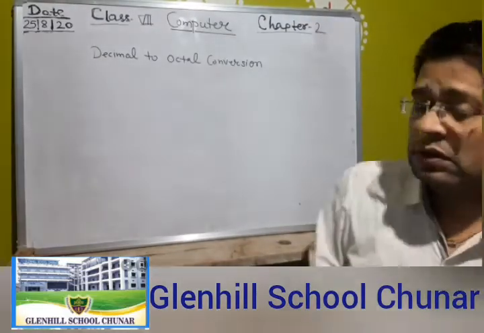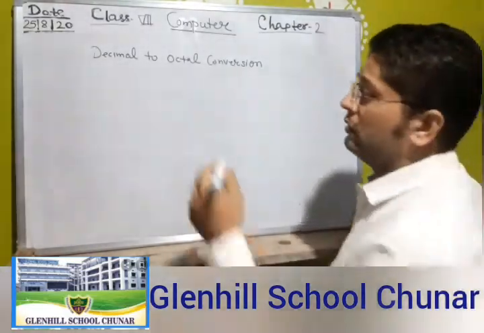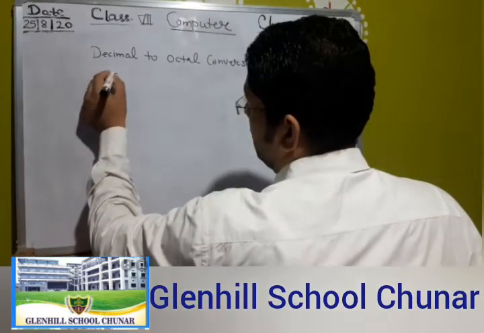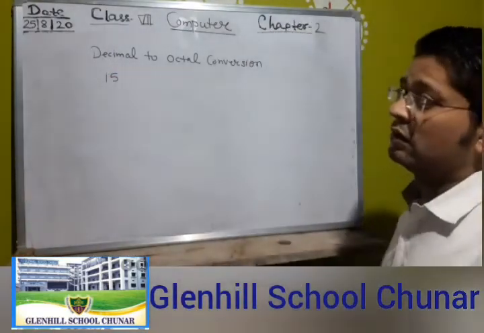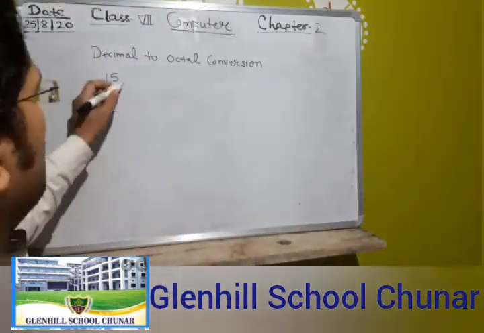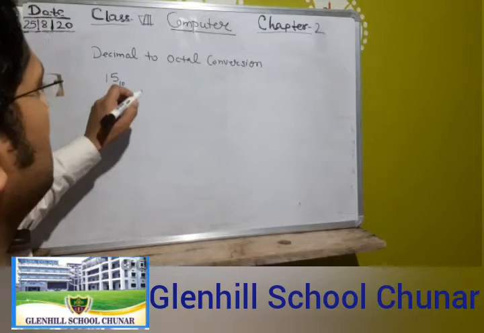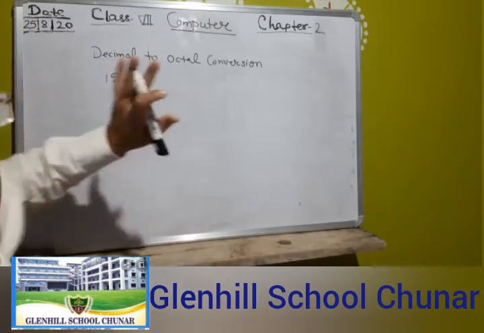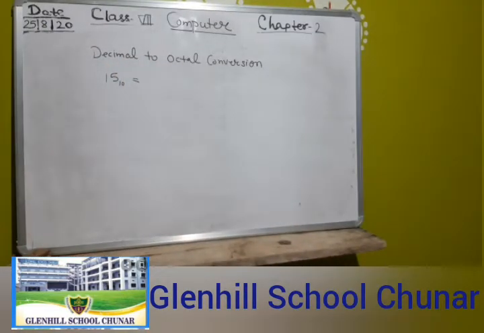Let's suppose any number, 15. To convert a decimal number, the base of a decimal number is 10, with digits 0 to 9.